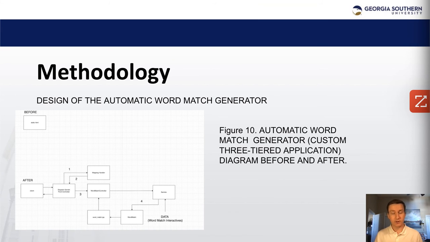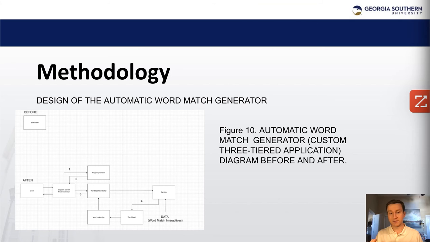So when an instructor visits the instructor GUI, the graphical user interface, they can create a word matching interactive, which is sent to the server. In that request, a handler picks up the request and routes that to the controller. The controller then processes this request, which calls a service method, which processes the content in the request to be saved on the file system of the server.